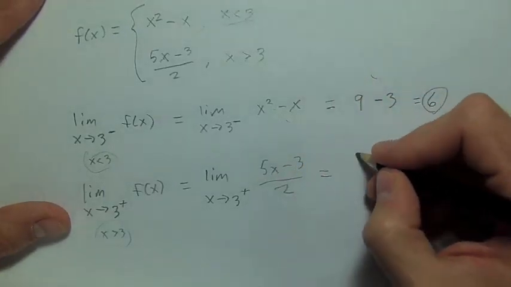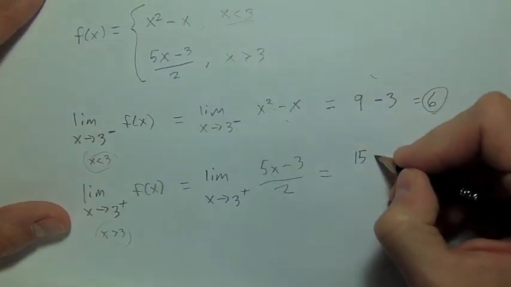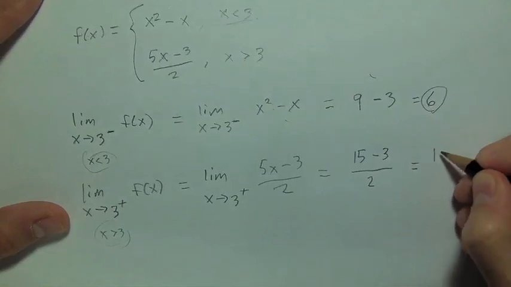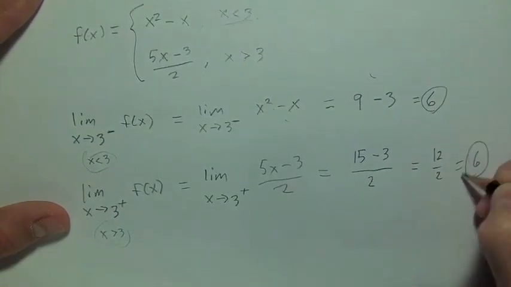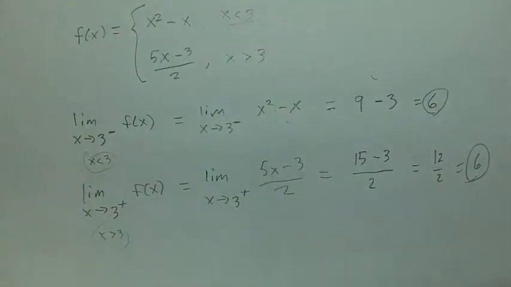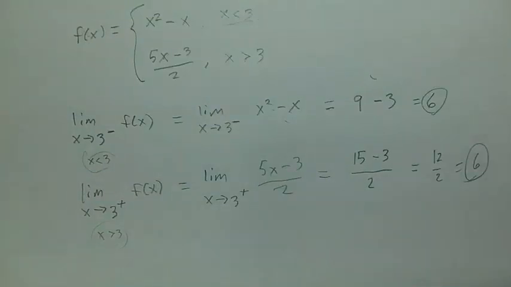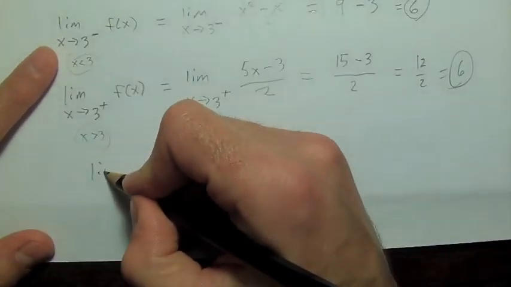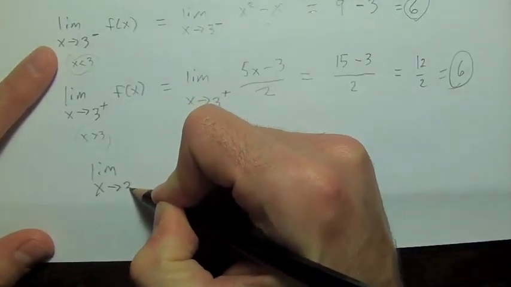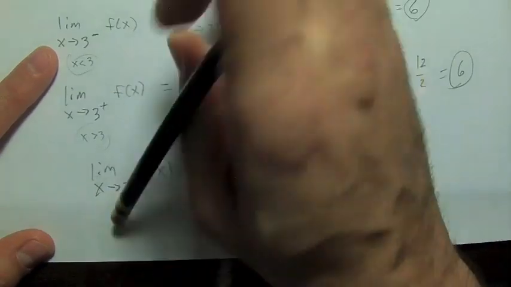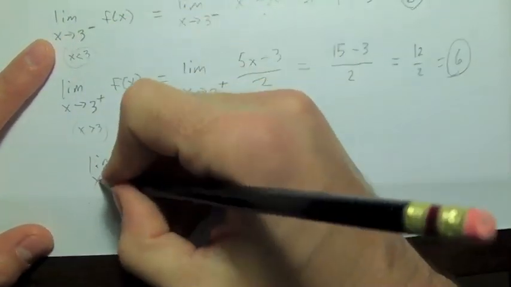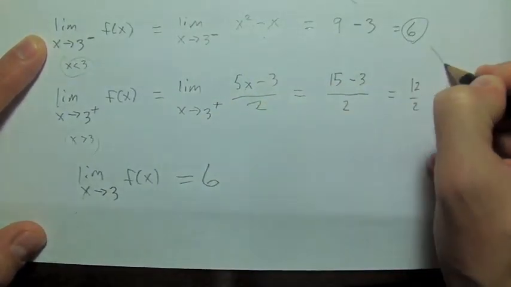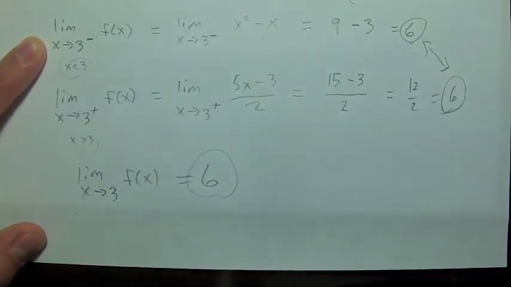So when we plug in 3, that will be 15 minus 3 over 2. So that's 12 halves, or 6. Oh, it's different here. Well, the left and right-handed limits match, so the limit as x goes to 3 of f of x, so this is from both sides, right, is 6, since these match.